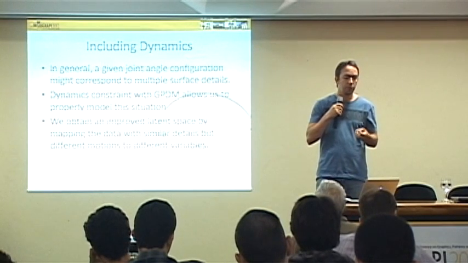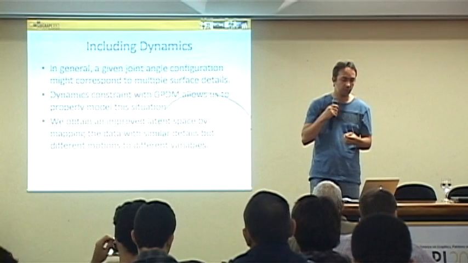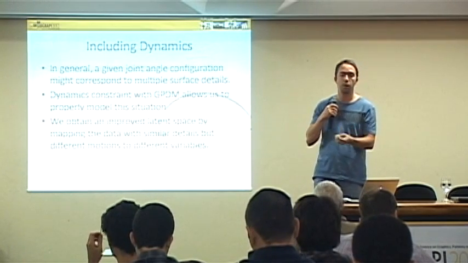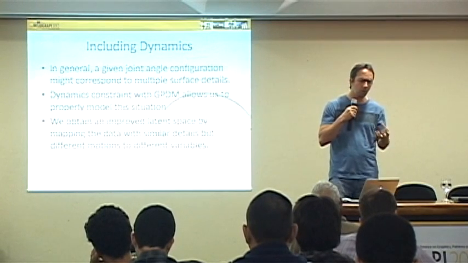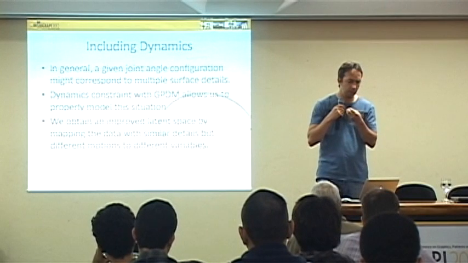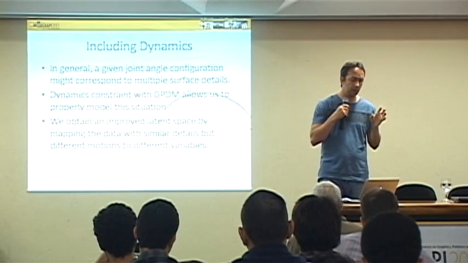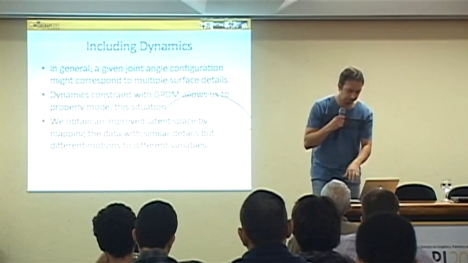GPDM, an additional technique based on Gaussian process, allows us to properly model the situation by enforcing dynamics on this low dimensional representation. This means we get an improved latent space by mapping data with similar details but different motions to different variables.